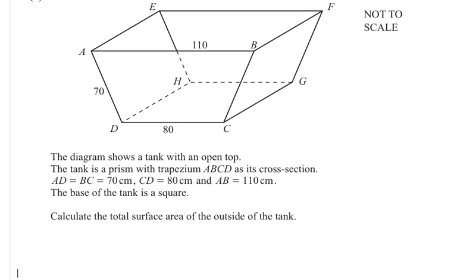Moving to the next part, part B, we have a prism. The diagram shows a tank with an open top. The tank is a prism with the trapezium ABCD as its cross section. You can see ABCD, the cross section of the prism. Keep in mind that the cross section of the prism is basically the base of the prism.